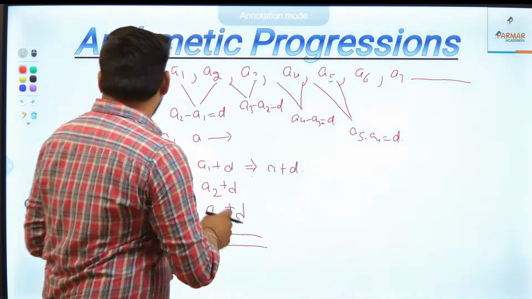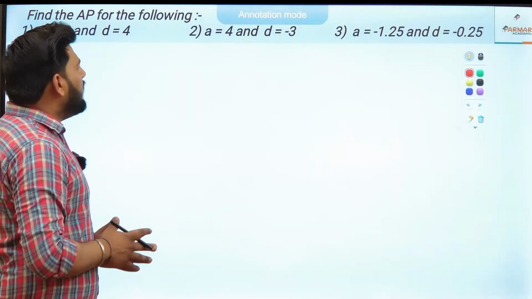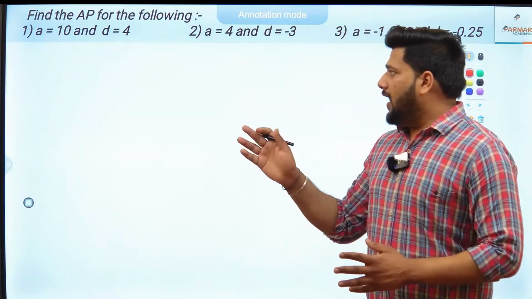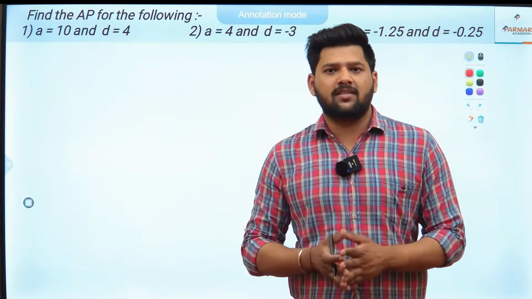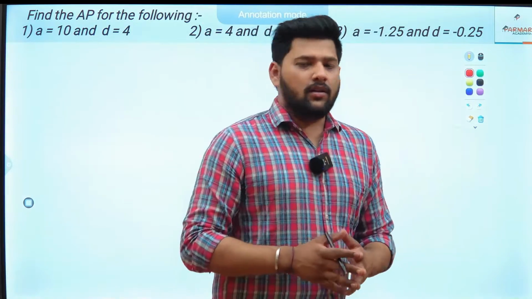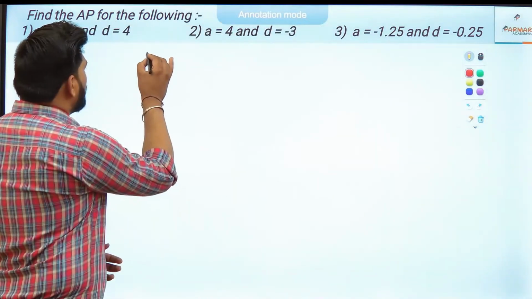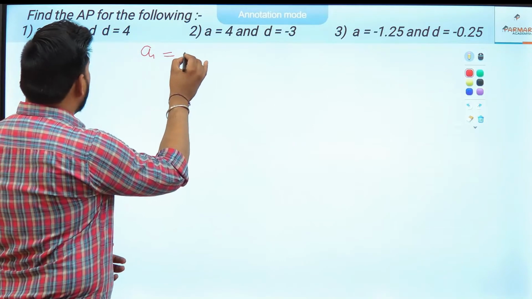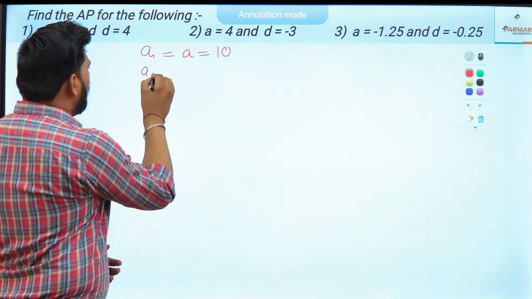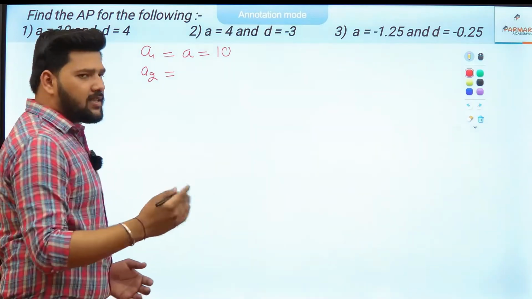So the next one is, find the AP for the following terms. The first question is A, that is 10, means the first term is 10, and D, that is the common difference, is 4. So let's start. First of all, the first term A is 10, already given, and we know how to find the next terms.